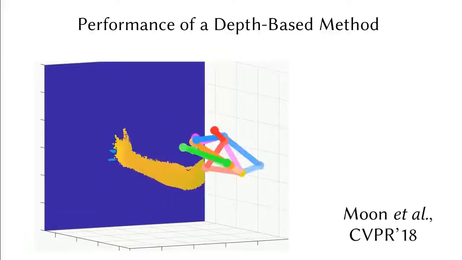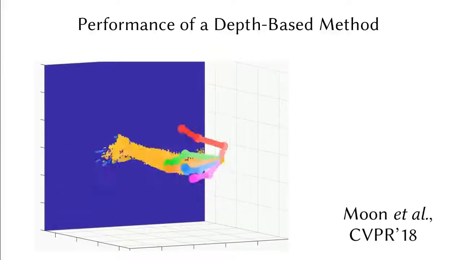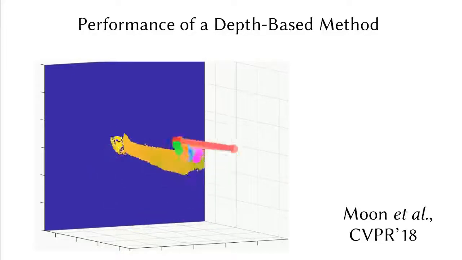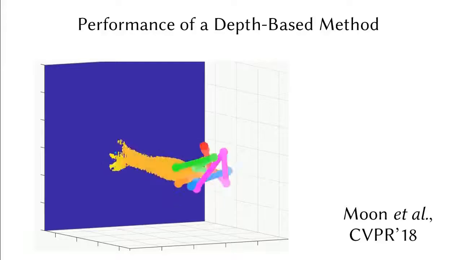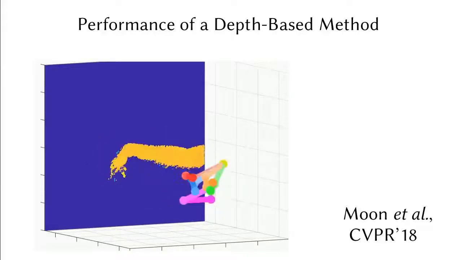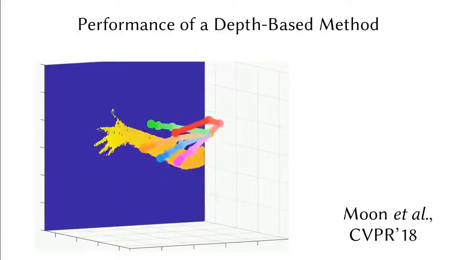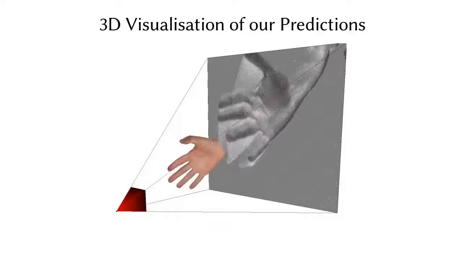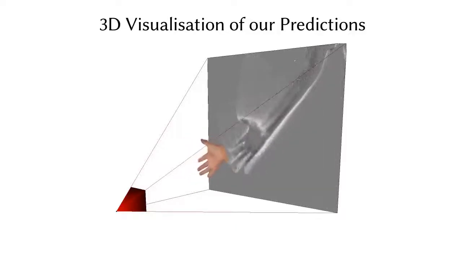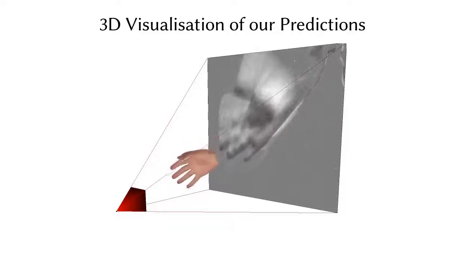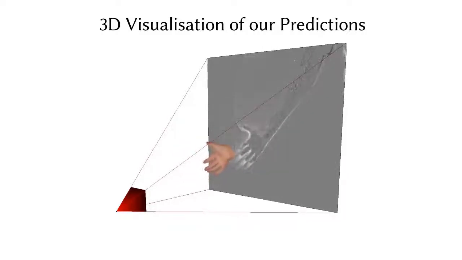Most commodity depth cameras produce corrupted depth maps for fast motions, and similar to the RGB cases, existing depth-based methods cannot handle these corruptions. Here we show our hand pose predictions from other views to assess the quality of predictions in 3D.